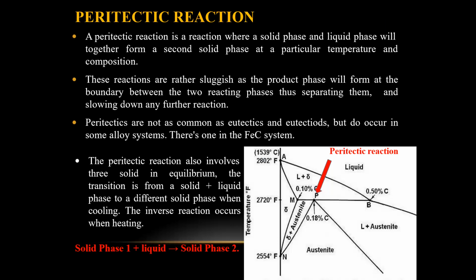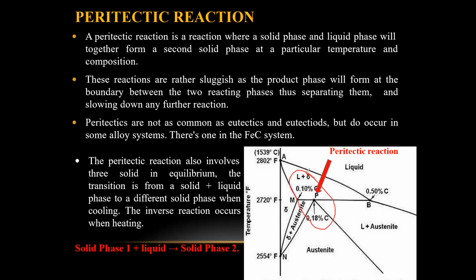That is peritectic reaction. This peritectic reaction also takes place in the iron carbide equilibrium diagram. This peritectic reaction is also a three-phase reaction, in which upon cooling, a liquid and solid phase together form a second solid phase. You can find the peritectic reaction here.